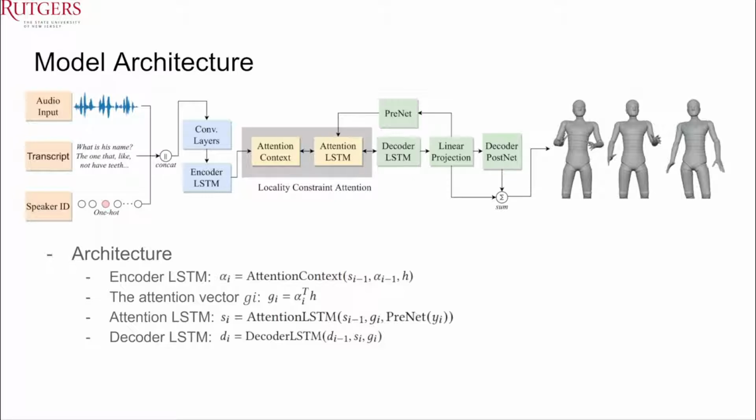The attention context model will calculate weight alpha at the i-th decoding time step using the output of the attention LSTM at previous time step, h_{i-1}. The attention vector g_i is calculated by the linear combination of the attention weights alpha_i and H. The vector is then used in the attention LSTM and the decoder LSTM.